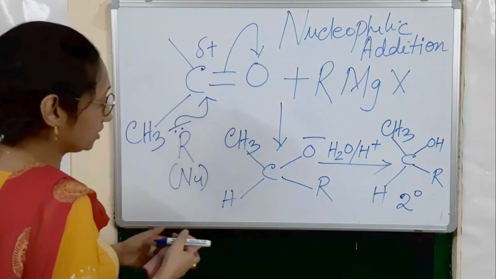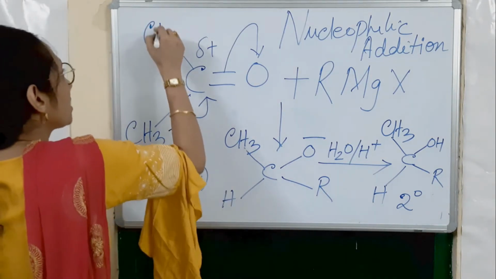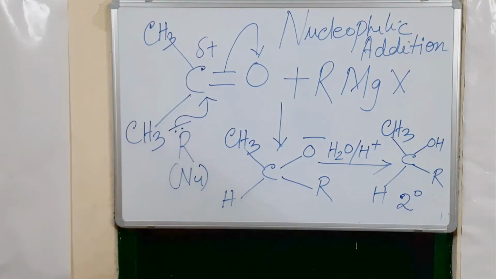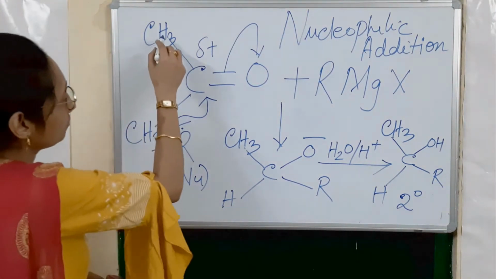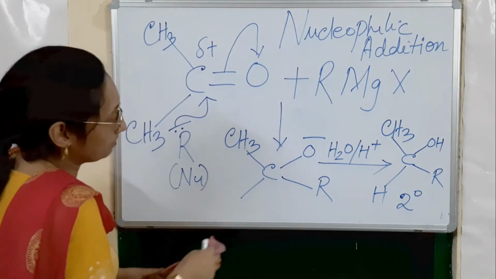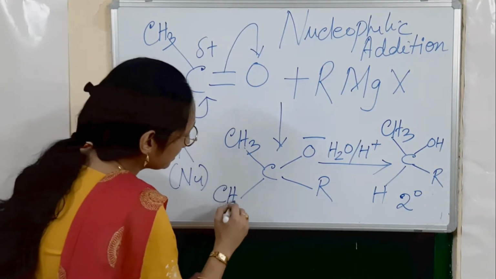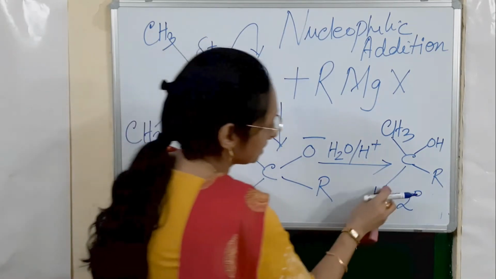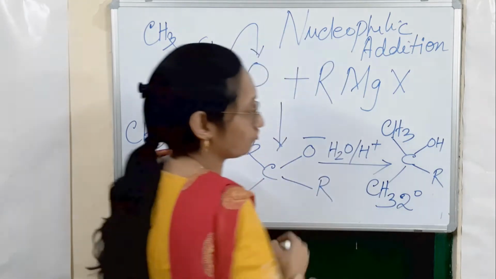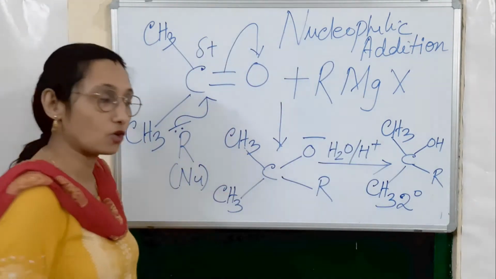Suppose I change this to a ketone. Let us start with our most familiar ketone, acetone. So CH3, C double bond O, CH3. This will become CH3, and this H will be replaced by CH3. What is the degree of this alcohol?